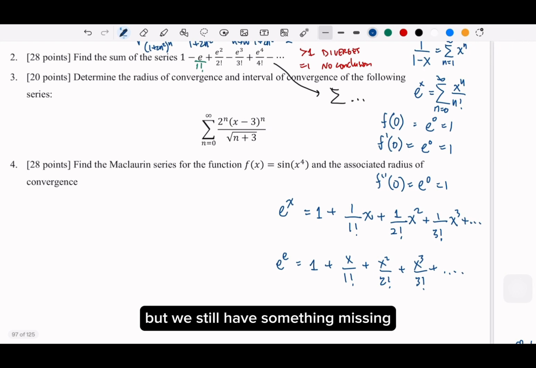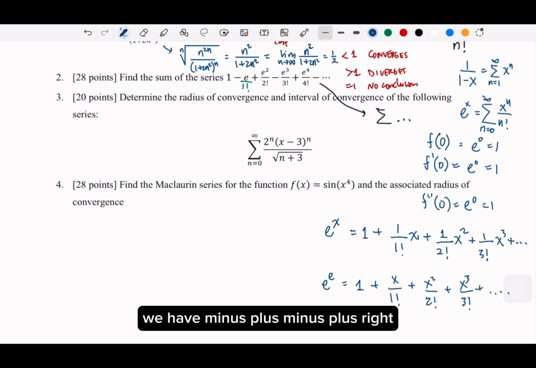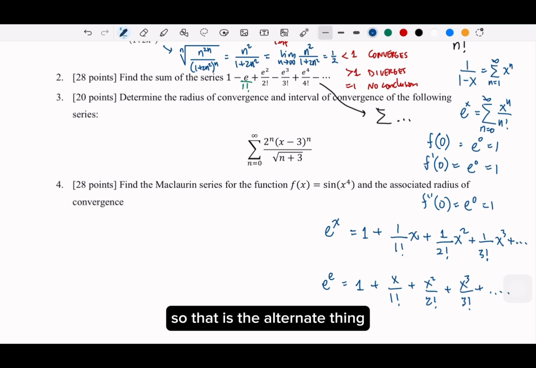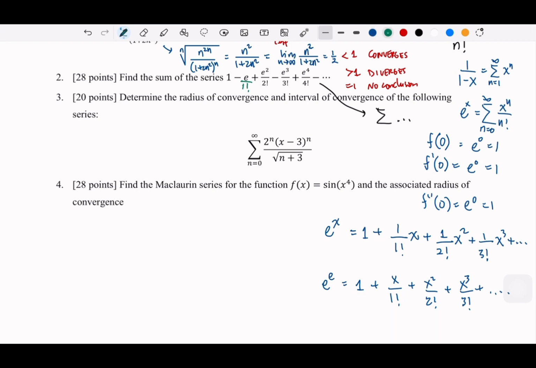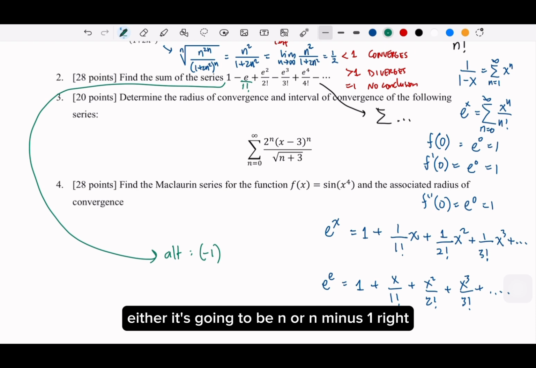But we still have something missing. We have minus, plus, right? So that is the alternating. So every alternating means we have a component of (-1) to the n or n minus 1, right?